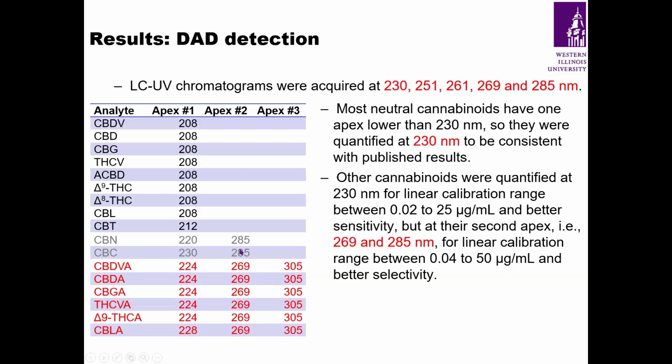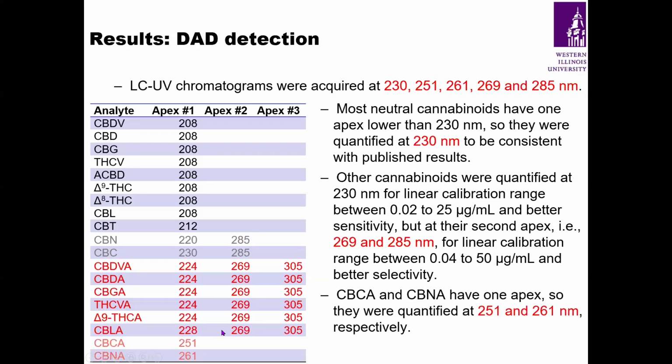And also with a longer UV detection, you can quantify peaks on a drifting baseline. CBCA and CBNA over here have one apex, so we have no choice. They were quantified at 251 and 261 nanometers. Again, because of longer wavelengths, you can quantify them on a drifting baseline.